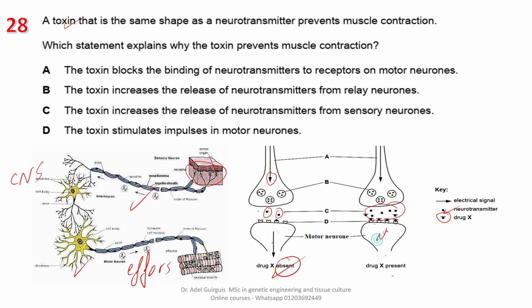So no nerve impulse here. So the answer is A. Why? The toxin blocks the binding of neurotransmitters to receptors on motor neurons. Okay, so the answer is A.